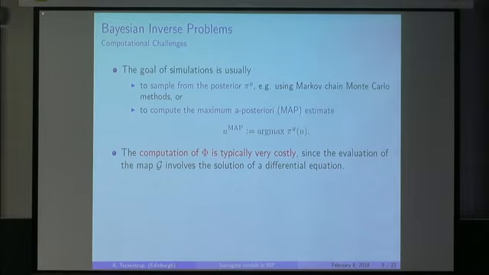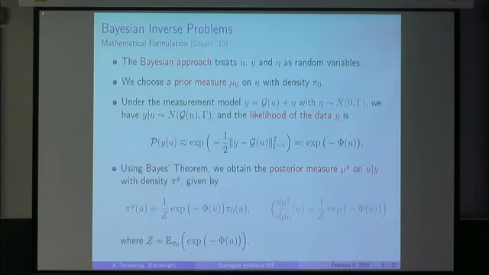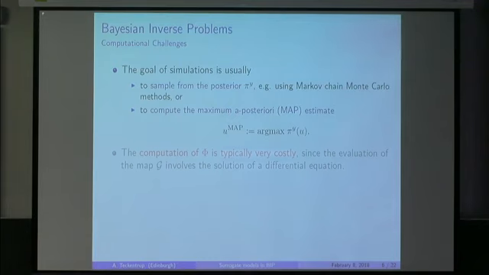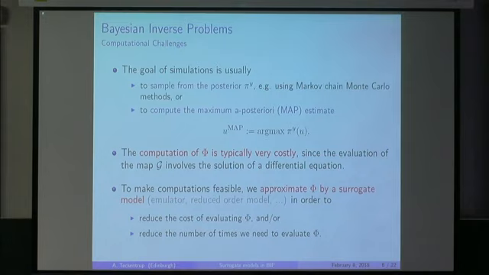The reason is, if we go back to the definition of the log likelihood phi, computing phi involves computing g, and remember g is our mathematical model, which is typically given by a PDE or an ODE. So evaluating g is very expensive, and so the computation of phi is typically also very expensive.